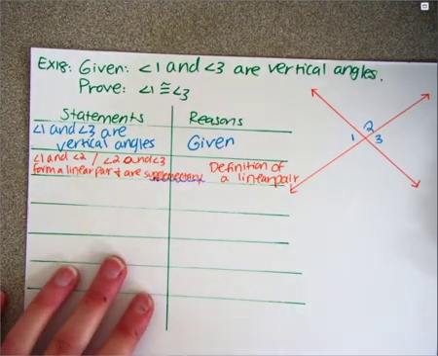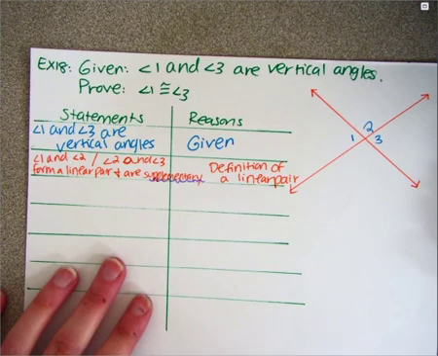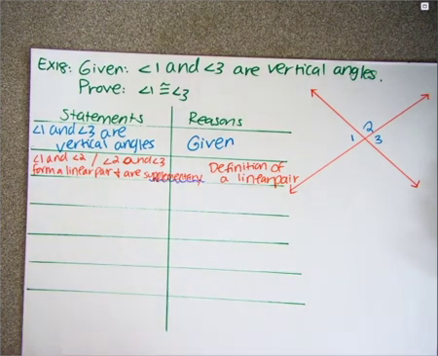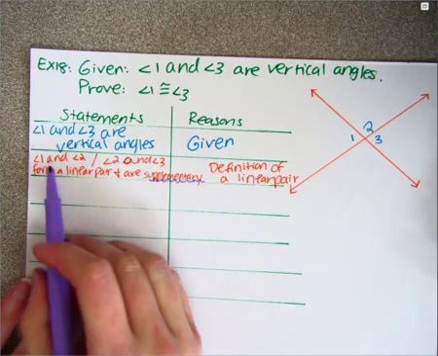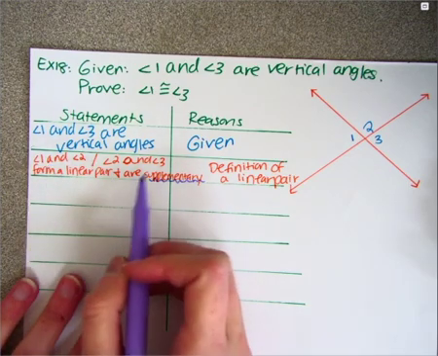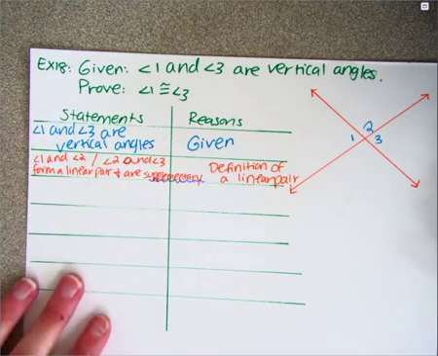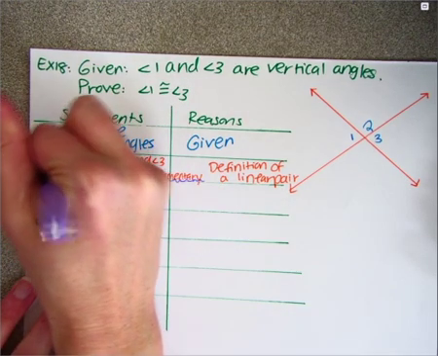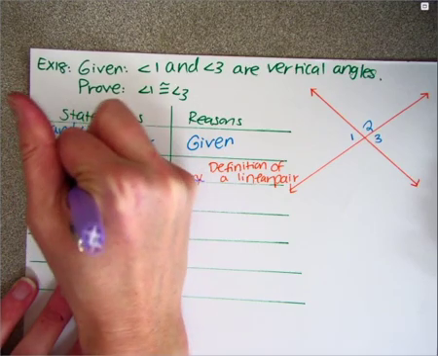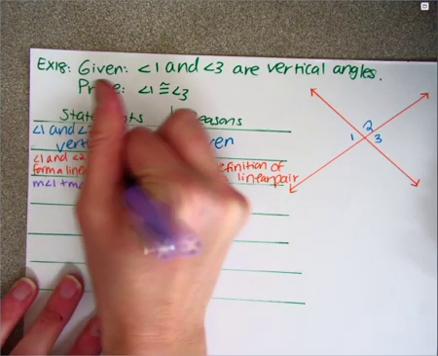What does it mean for two angles to be supplementary? It means that they add up to be 180. So since I know 1 and 2 as well as 2 and 3 are supplementary, I can add those together and set them equal to 180. So I can say the measure of angle 1 plus the measure of angle 2 equals 180.